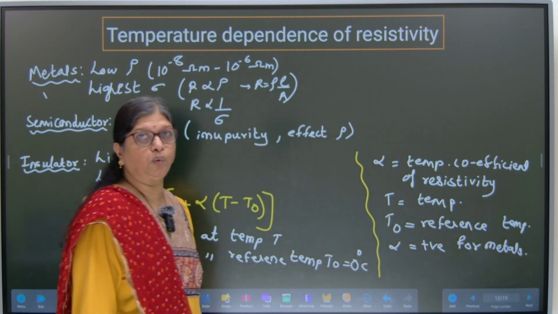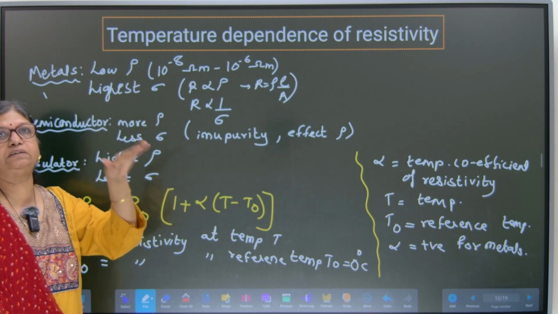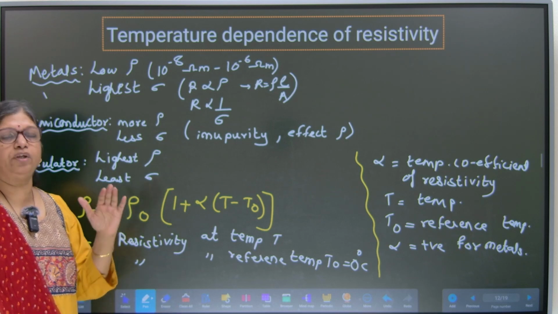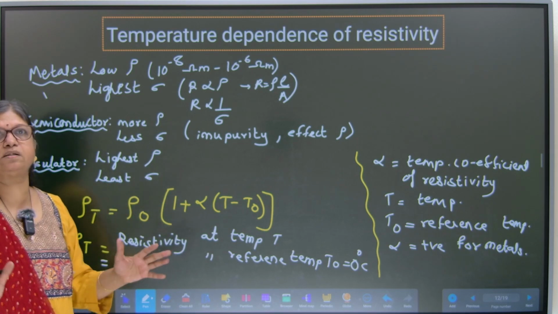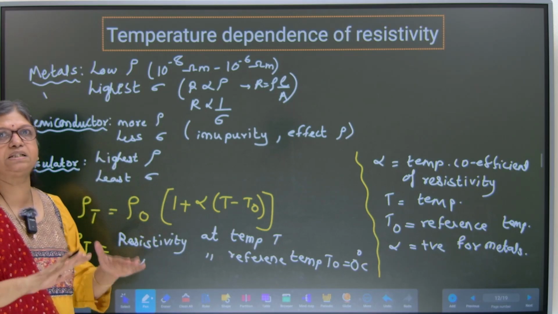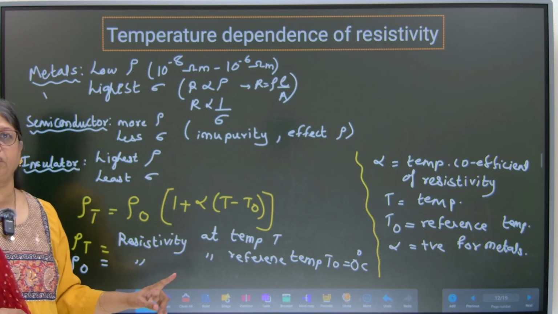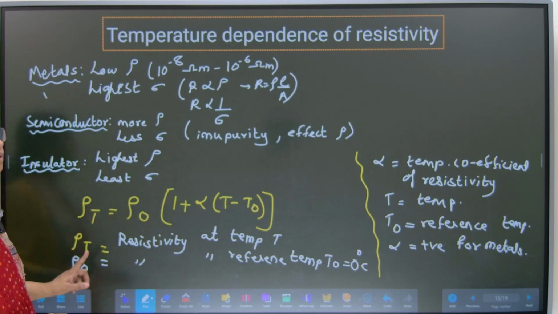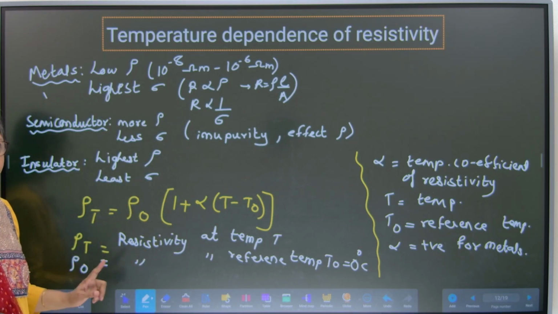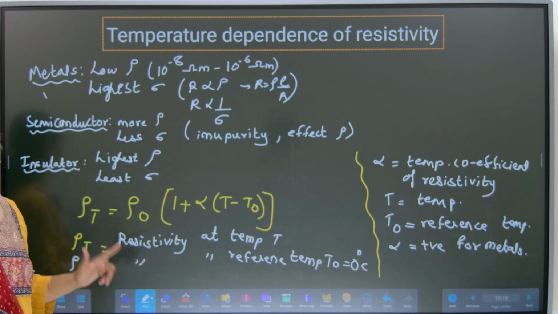Fine. So, when we classify materials into three categories, metals, semiconductors and insulators, we also have alloys, which is a combination of metals, non-metals. Fine. So, we will discuss this temperature dependence of various materials with the help of the graph in the next page, using this formula, which says that the temperature has a role to play in the resistivity of a material.